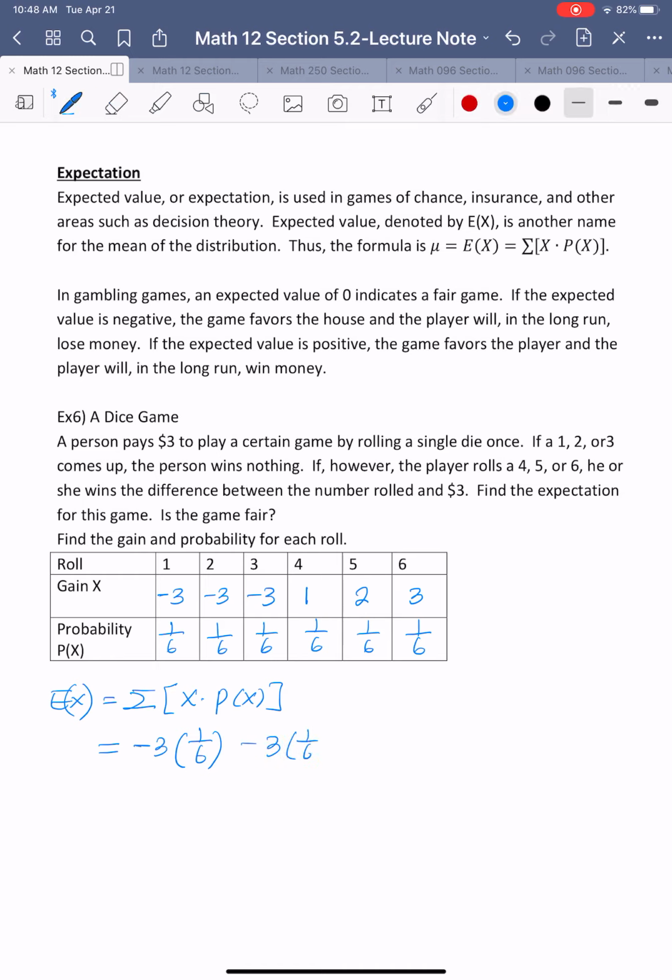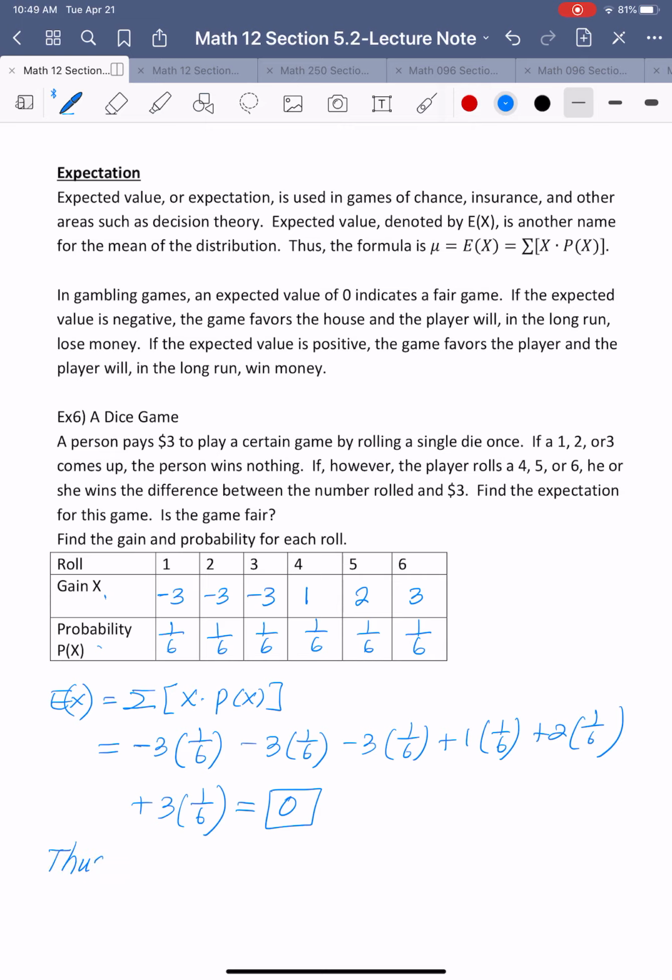I'm multiplying the gain x by the probability, okay? -3 times 1/6, and 1 times 1/6, 2 times 1/6, and 3 times 1/6. So when you compute them all together, you get 0. So in the long run, the player will not lose any money.